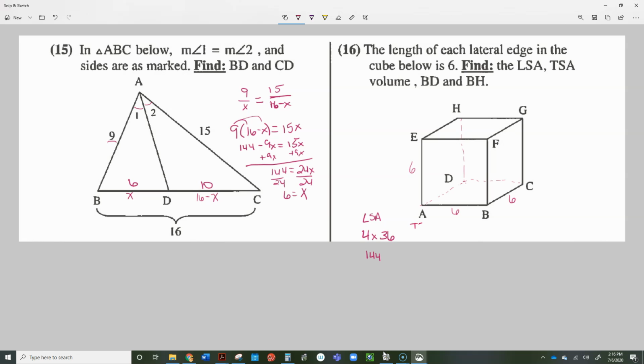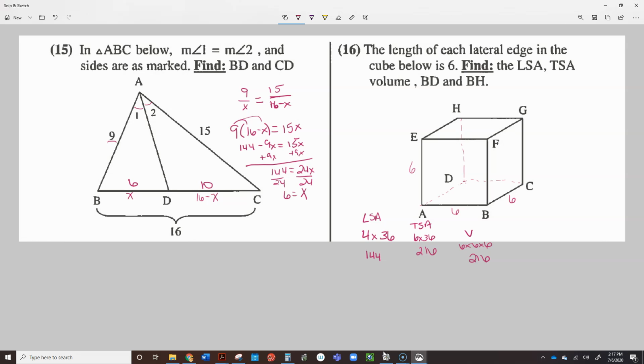The total surface area is 6 times 36, because all 6 faces are squares that are 6 by 6. So that's 216. And the volume is 6 times 6 times 6, which is also 216.